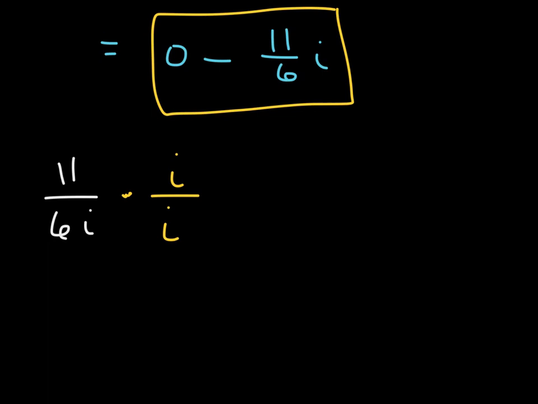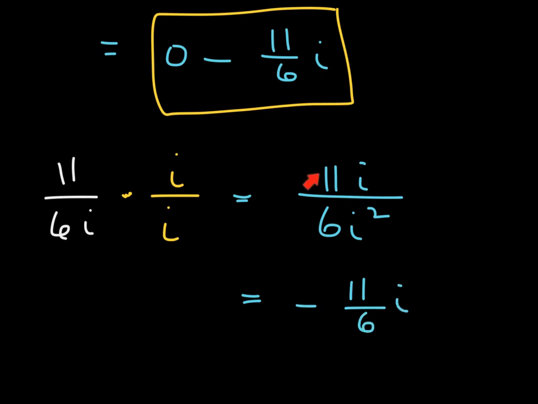So the numerator is just 11i, and the denominator is just 6i squared. What is i squared equal to? Negative 1. So then here is my negative, and then you have 11 over 6i, right? And then you have a negative from the i squared.